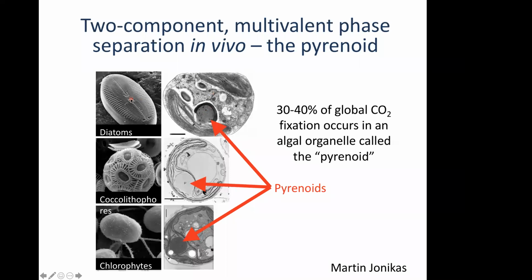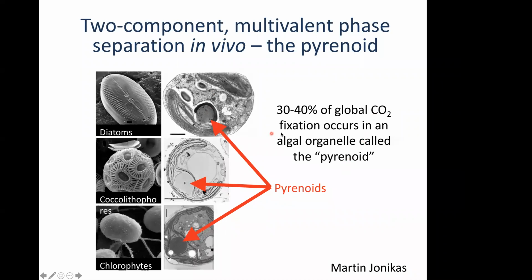So here's some beautiful images of the kind of algae that do this. We're going to focus on this one, kind of an ugly guy, but really interesting, called Chlamydomonas. And it is the favorite organism of my colleague at Princeton, Martin Jonikas. Now, Martin is interested in Pyrenoids for many reasons, but one of which is that Pyrenoids are really good at their job.